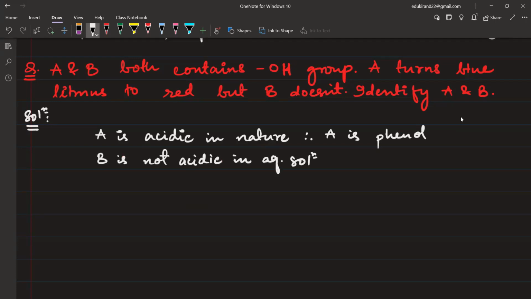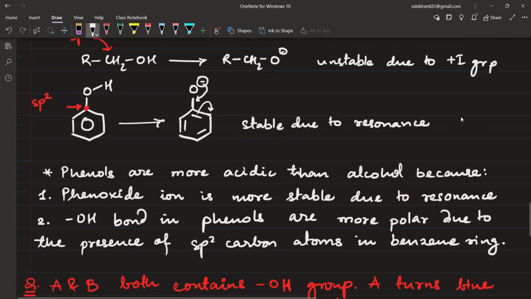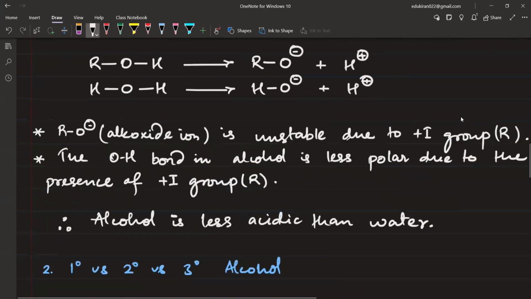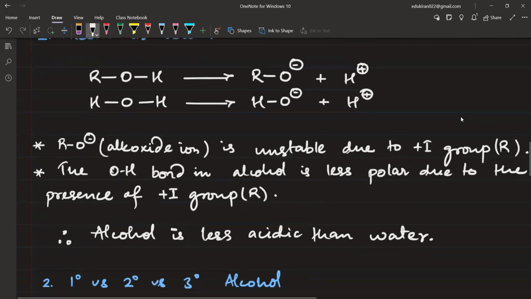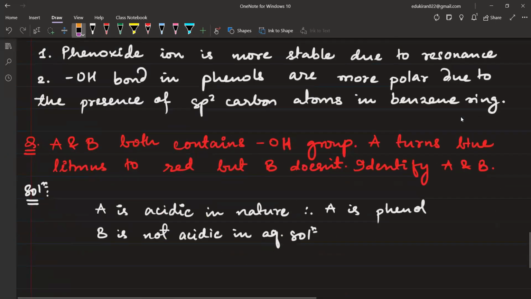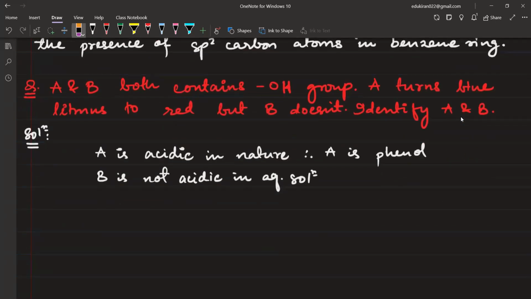That means litmus is an aqueous solution. And as you know, our alcohol is less acidic than water. So in water, it will not act as an acid. Alcohol will not act as an acid in water. That is why it's not acidic in aqueous solution. Therefore, B is alcohol.